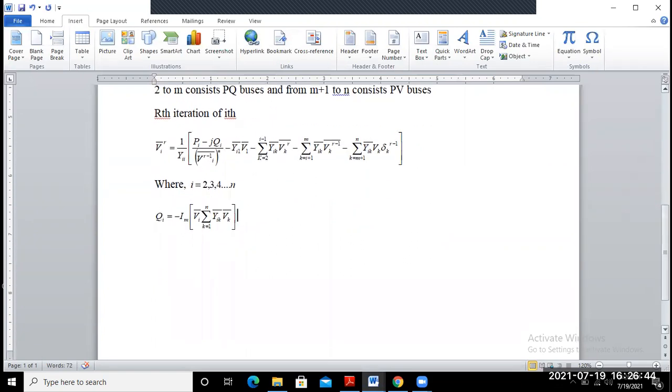So you will write down this equation for the rth iteration.